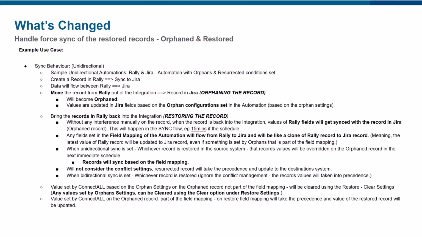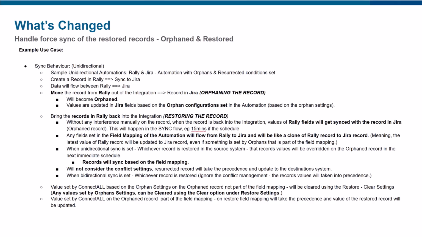But the direction of the automation, if your automation is unidirectional, it will behave in the unidirectional pattern. From the source to destination, it will flow, and also it will honor the direction of the field. So whatever directions you have kept in the field will be honored. If at all a record is restored and the field direction doesn't honor that, the value will not get updated.